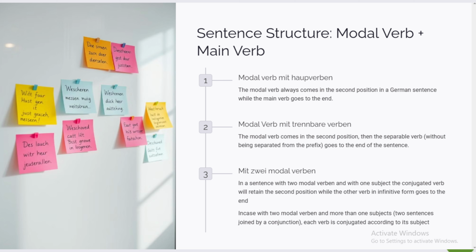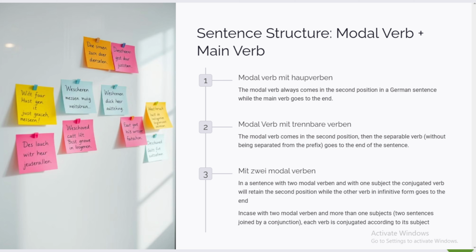Only the conjugated verb comes in position 2 of a sentence. The rest of the verbs will go at the end of the sentence. So those are 4 important points to note for the sentence structure of the verbs.